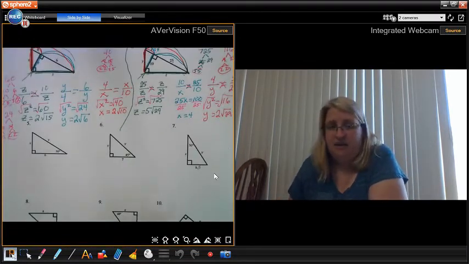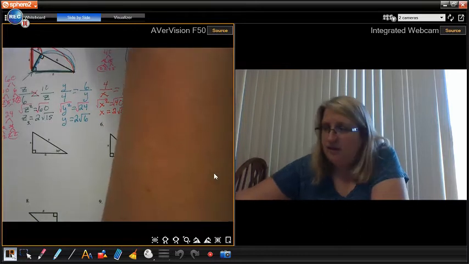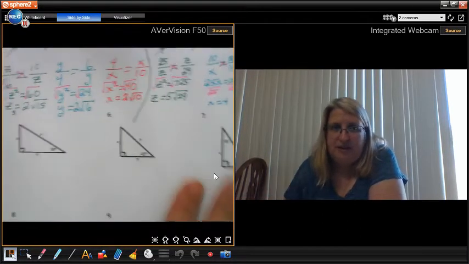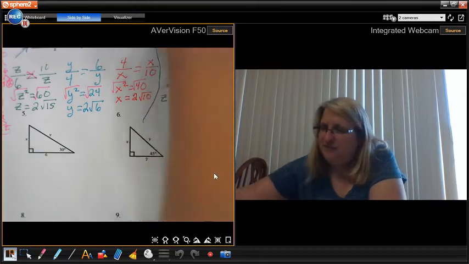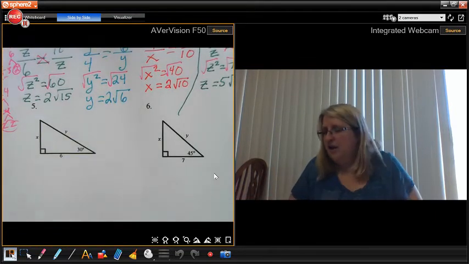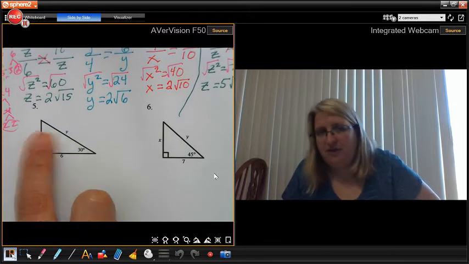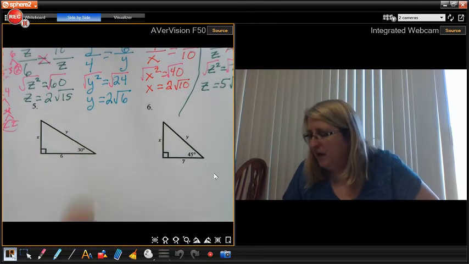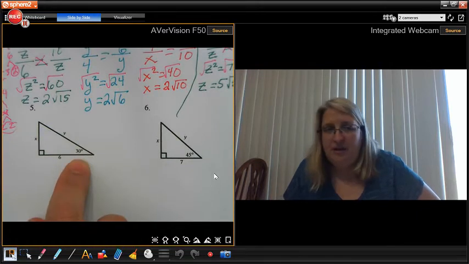Now, if you look at this problem here, let me scroll in a little closer so we can see it a little bit better. There we go. All right, notice that this triangle is a right triangle. Of course, they're all right triangles right now. It has a 30-degree angle.